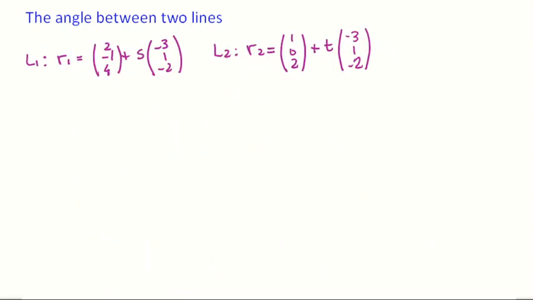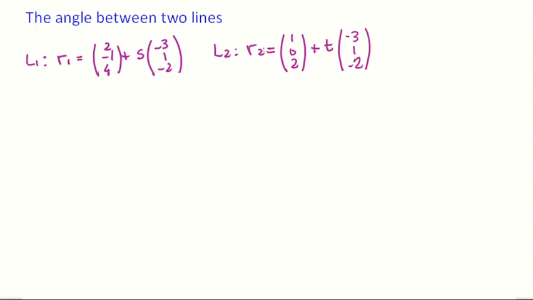Now we could have an equation or equations for lines in 3 dimensions, like these ones. So we have this line 1, described by this vector r1, and this is your arbitrary point, this is your parameter s, and this is your direction vector.